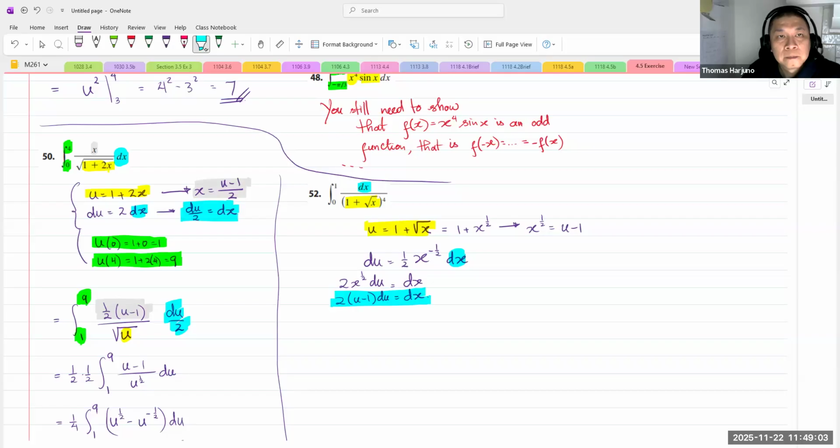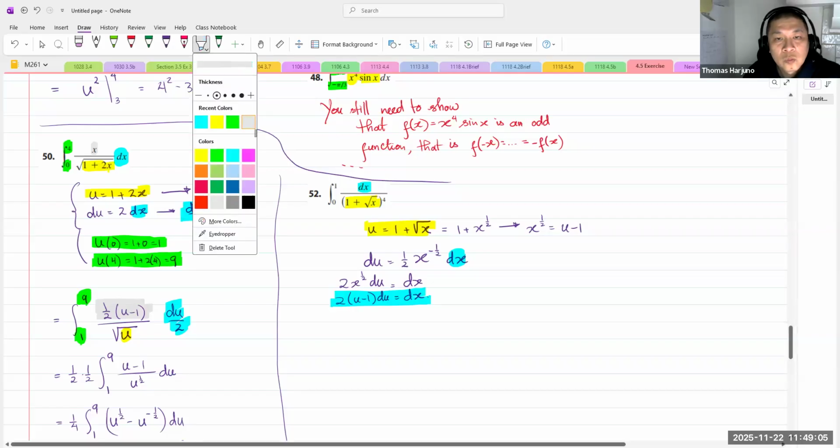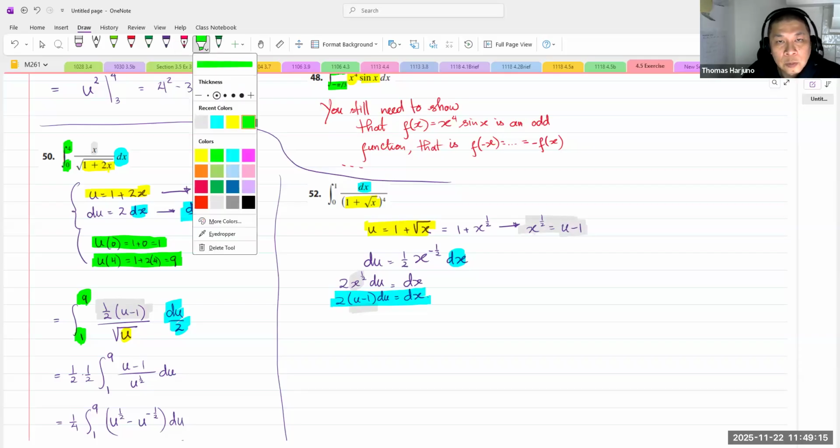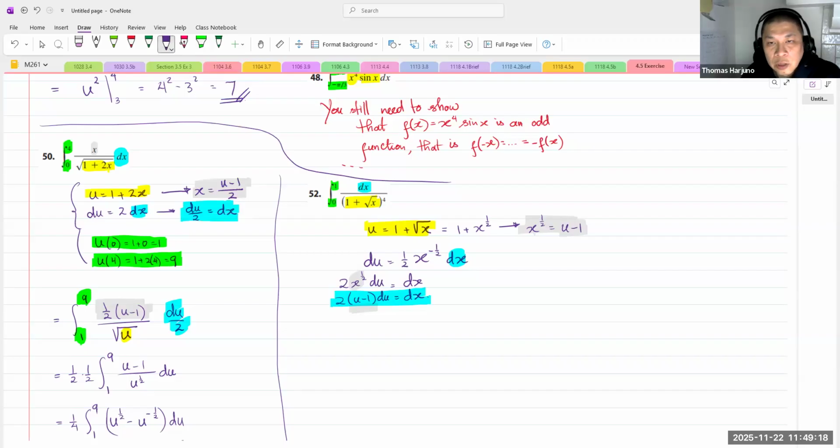Okay? Let me highlight that here. And the limits of integration from 0 to 1, I think that's on the easier side: u at 0 is 1, u at 1 is 2.